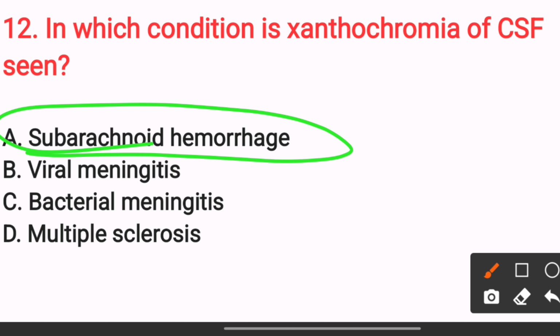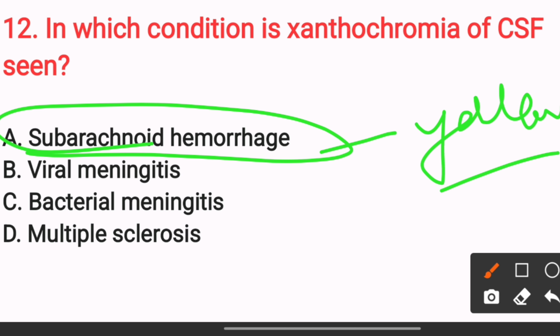Mainly subarachnoid hemorrhage is seen in the xanthochromic CSF. Xanthochromic color is yellow. Yellow in color is due to bilirubin from hemoglobin breakdown in hemorrhage. So the answer will be option A.